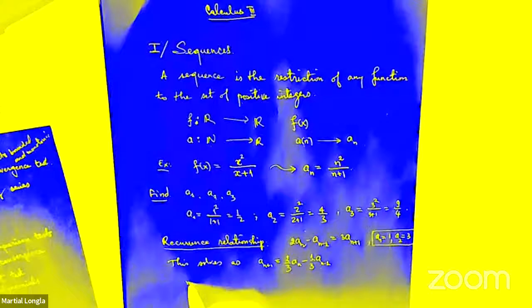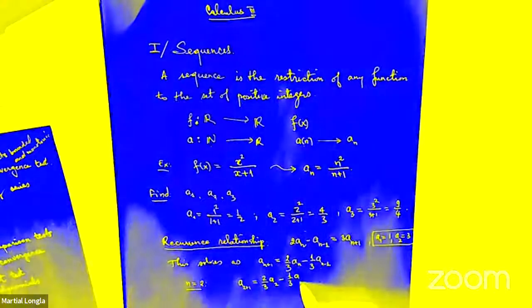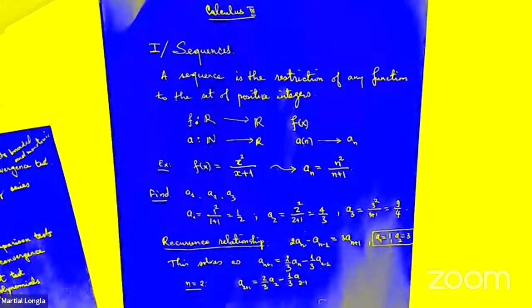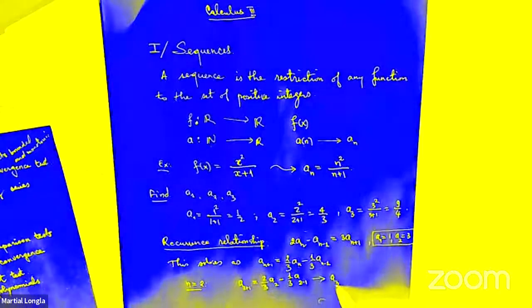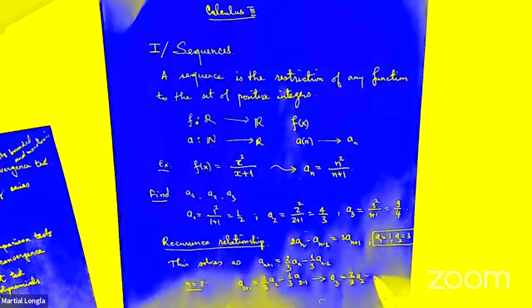So n equals 2. In this case, that would mean a2 plus 1 equals 2/3 a2 minus 1/3 a2 minus 1. And that will turn into a3 equals 2/3 a2 minus 1/3 a1.